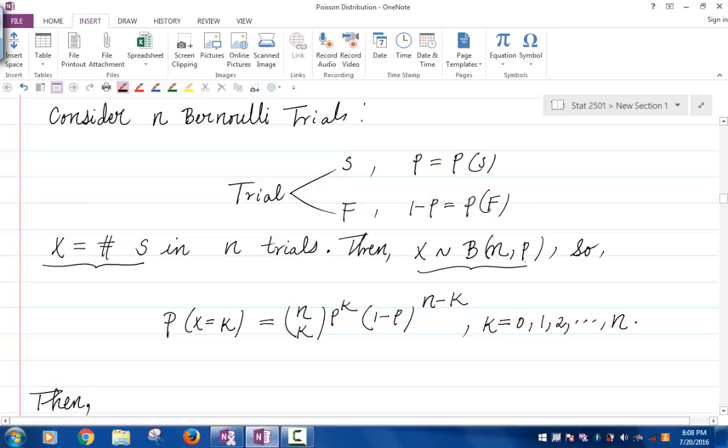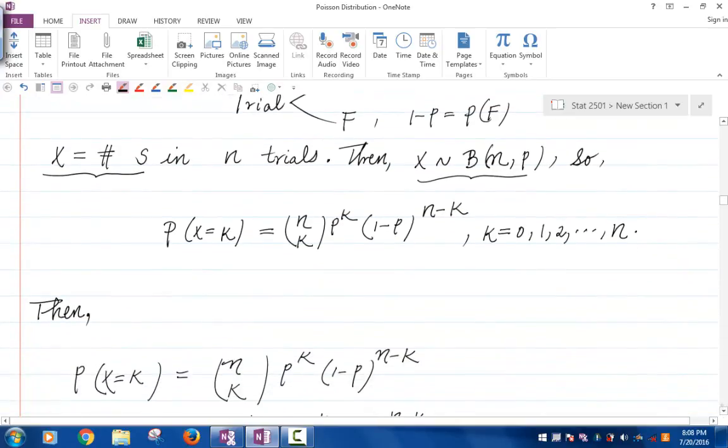and so the PMF, or the probability mass function, of x is given by this equation here. So the probability that x is k is n choose k, p to the k, 1 minus p to the n minus k. The possible values of k here are 0, 1, 2, up to n.